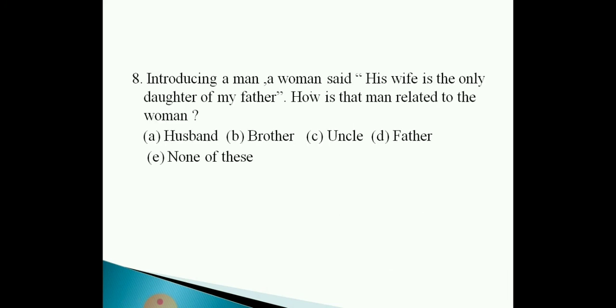Okay, let's go to the next question. Introducing a man, a woman said his wife is the only daughter of my father. How is the man related to the woman? We have to start from the man. That woman's father's only daughter is that woman herself, which means the woman is the man's wife.